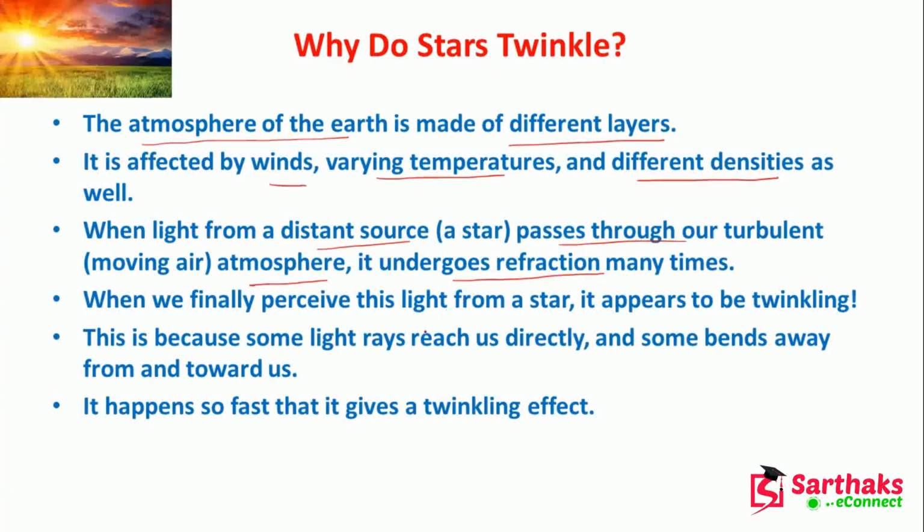When we finally perceive this light from a star, it appears twinkling. This is because some light rays reach us directly, some bend away. After bending away from and towards us, it happens so fast that it gives us the twinkling effect.